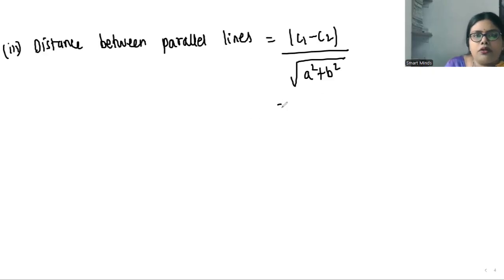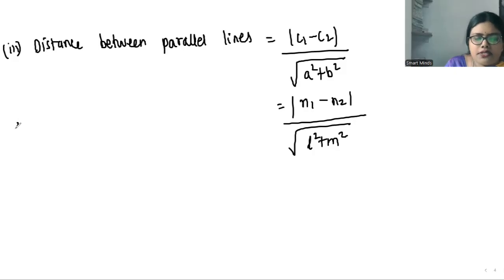So that is equal to C1, C2 means constants, and here we have taken constants as N1, N2. So C1 we will write as N1 minus N2 by root over L square plus M square. Now in the previous theorems, we have taken a formula: A minus B is equal to under root A plus B whole square minus 4AB.